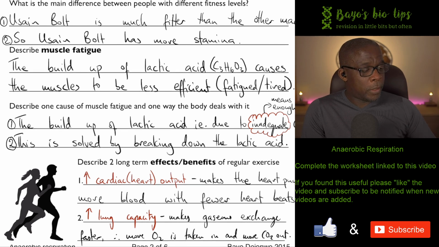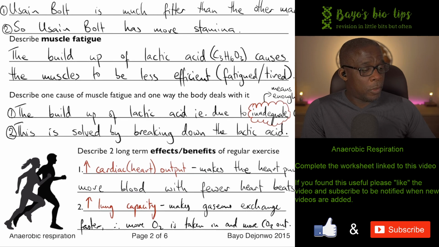So why is it that fitter people, like athletes, are better able to cope with intense exercise with that possible build-up of lactic acid? One of a couple of reasons would be because fitter people have a greater cardiac output.